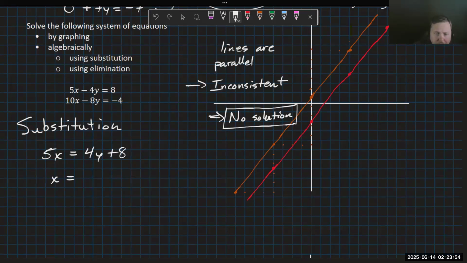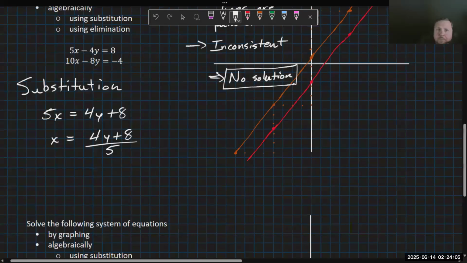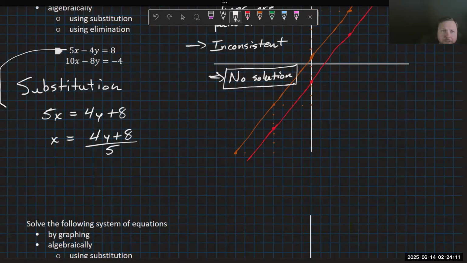So now I have 4y plus 8, and then I can just leave that all over 5 if I want. Maybe it might be convenient in a minute. So this is from the first equation. And then I'm going to take the second equation.